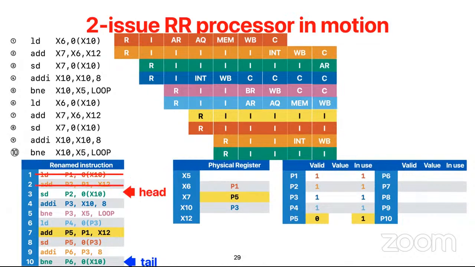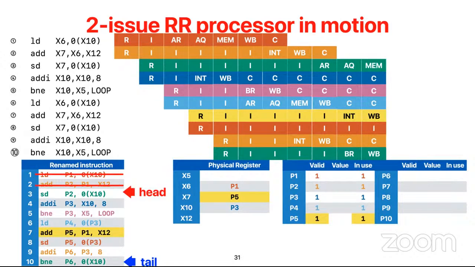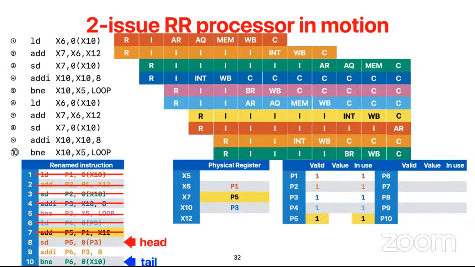You will see that this instruction can only finish together with the third instruction, and all other instructions will have to stay in the pipeline until this critical store instruction finishes.